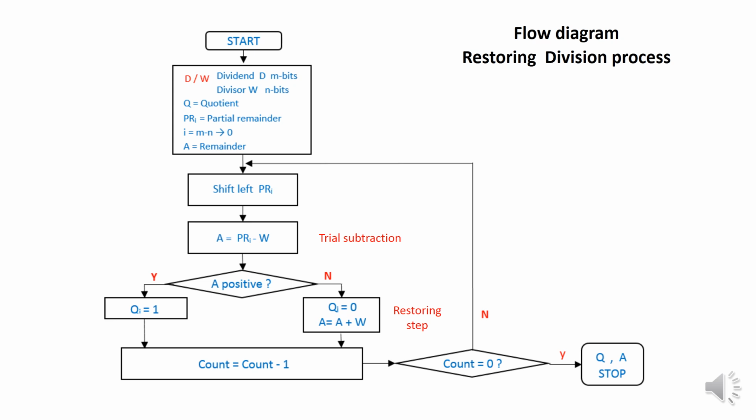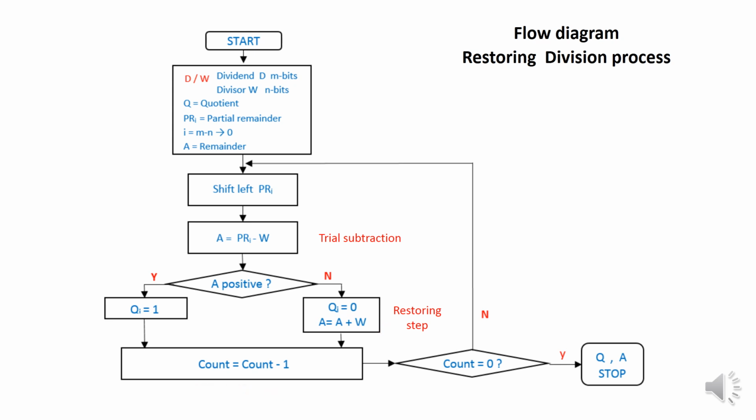If the result is negative, it means it does not go, so the quotient digit is 0, and we need to add back the divisor to restore the partial remainder. This is called the restoring step.